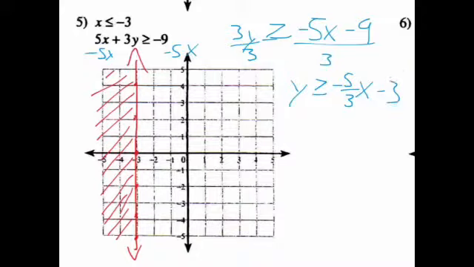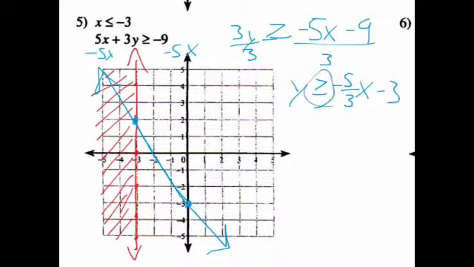This has a y-intercept of -3, and the slope, which is in front of the x there, is -5/3. Well, I can't go down 5, right 3 here, so I can go up 5, left 3, and that'll give me another point, which is going to be right there. And these points together, since this is greater than or equal to, they're going to make a solid line, like so.